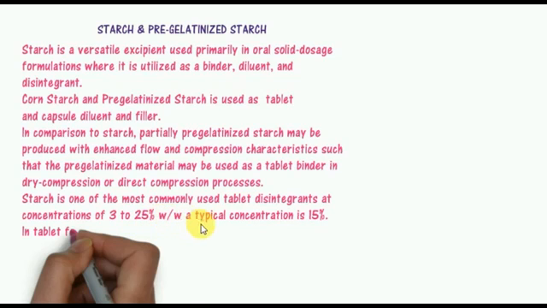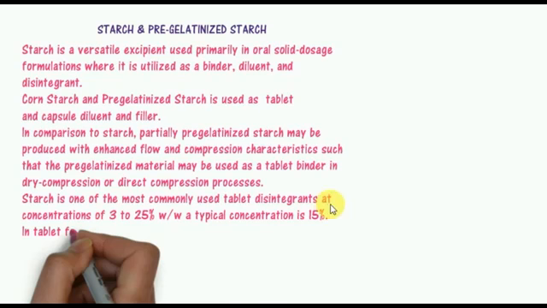But the optimum or typical concentration of starch in a tablet as a disintegrant is 15%. So we must use up to 15% of starch in a tablet if we use it as a disintegrant.